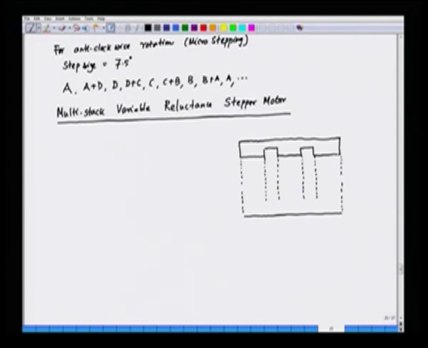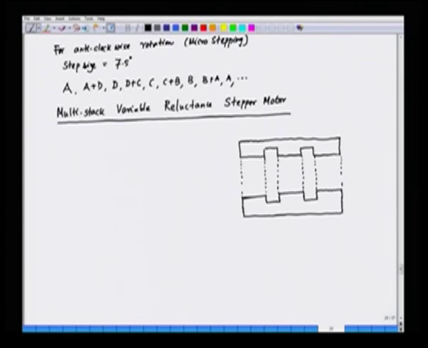So, here just draw the various stacks of the stator. The other side of the stator is identical to this, it is a sectional view. What about the rotor? Rotor is also having multiple stacks.